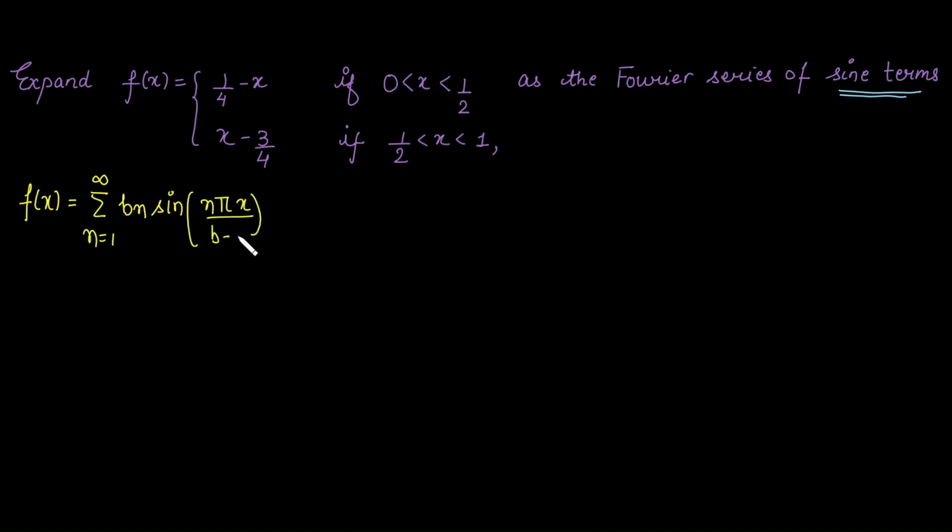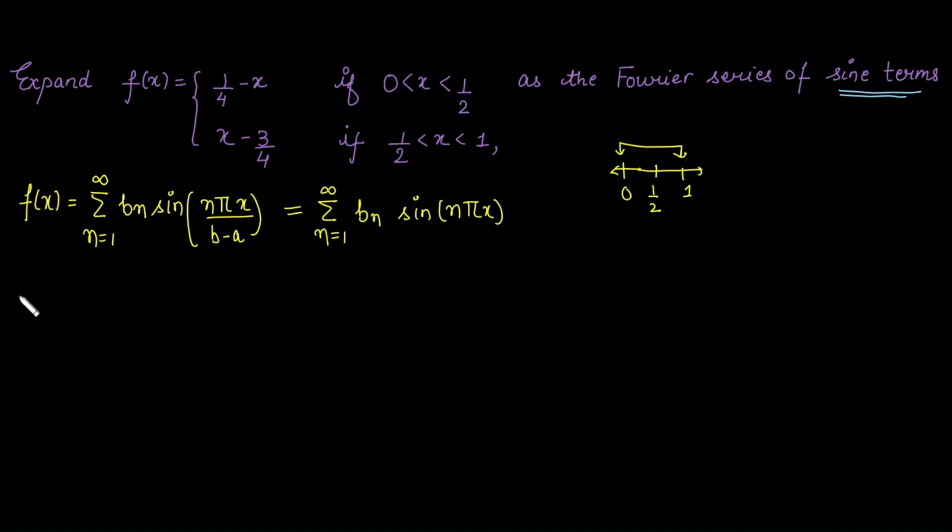We can take it as b minus a. Now observe in this case, the overall interval is 0 to 1. Total length of the interval is 1. So we can write this as summation n from 1 to infinity Fourier coefficient Bn sine of n pi x.